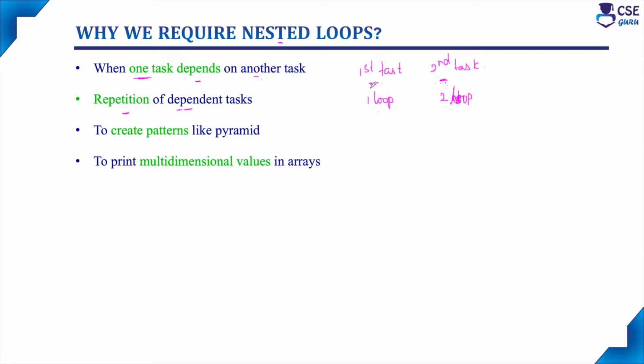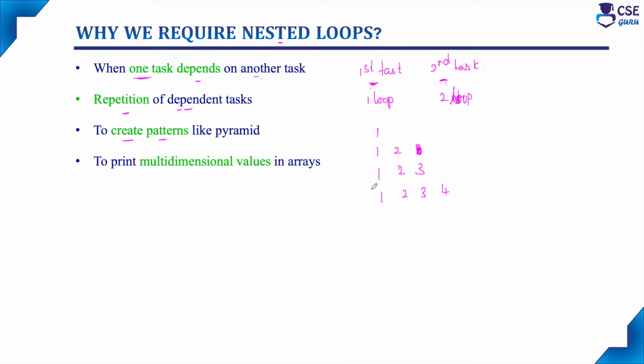To execute the first task, we need to use one loop, and to execute the second task, we need to use another loop. Similarly, to create patterns like printing patterns in C programming. For example, if I want to print 1 in the first row, 1, 2 in the second row, 1, 2, 3 in the third row, and 1, 2, 3, 4 in the fourth row, to print this pattern also we need to use nested loops.